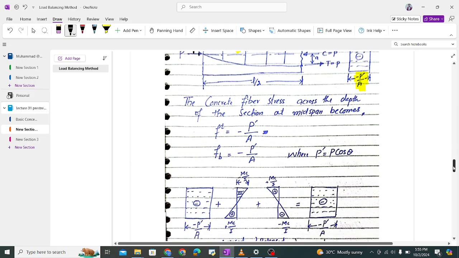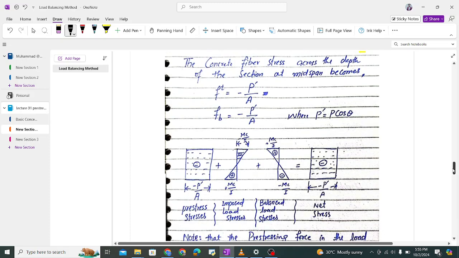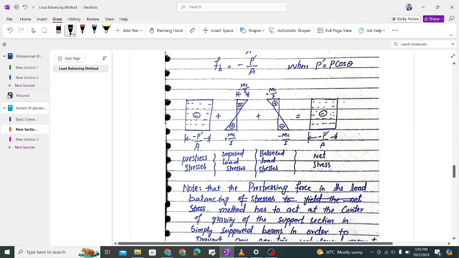Okay, let's move further. How do we get these net stresses that are uniform stresses? In reality, this whole process is done in the load balancing method. Imposed dead load stresses and balanced load stresses are balancing each other, so they cancel each other, and we get these net stresses.